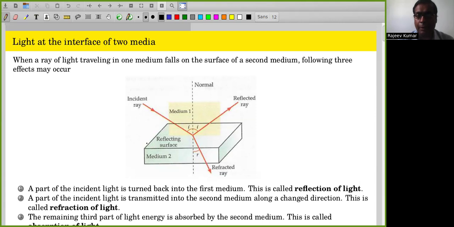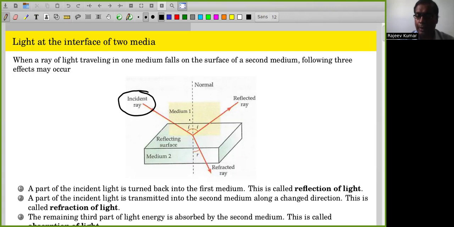behavior of light in the diagram as shown over here. So here we have an incident ray. It is incident on a material with some incident angle I. Some part of the incident ray gets reflected away from the medium, while some part of the ray gets transmitted towards the material medium.